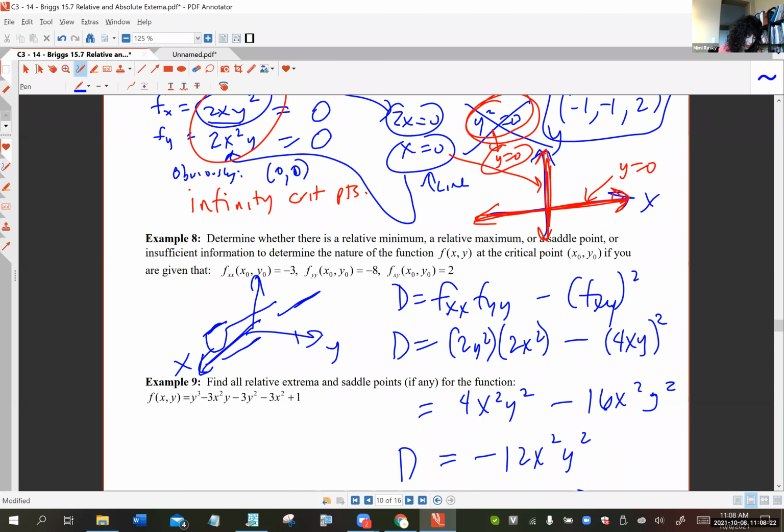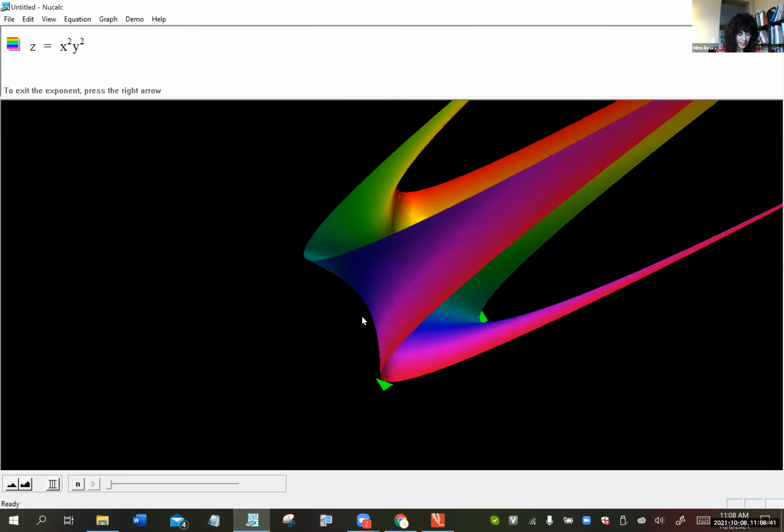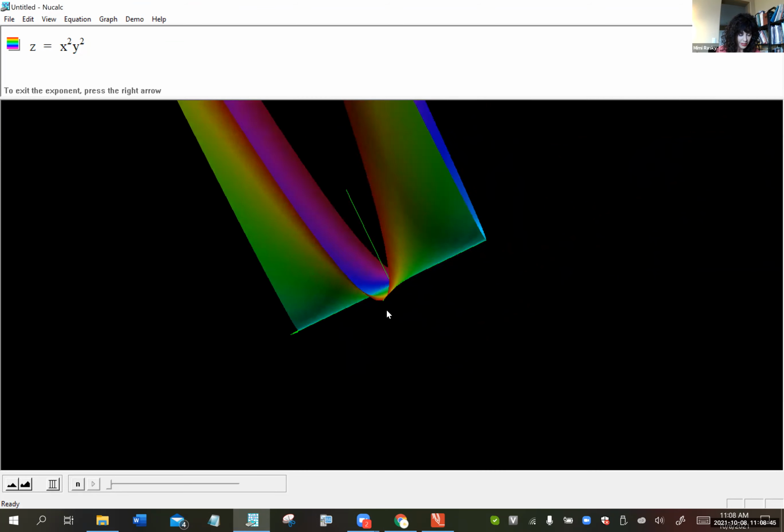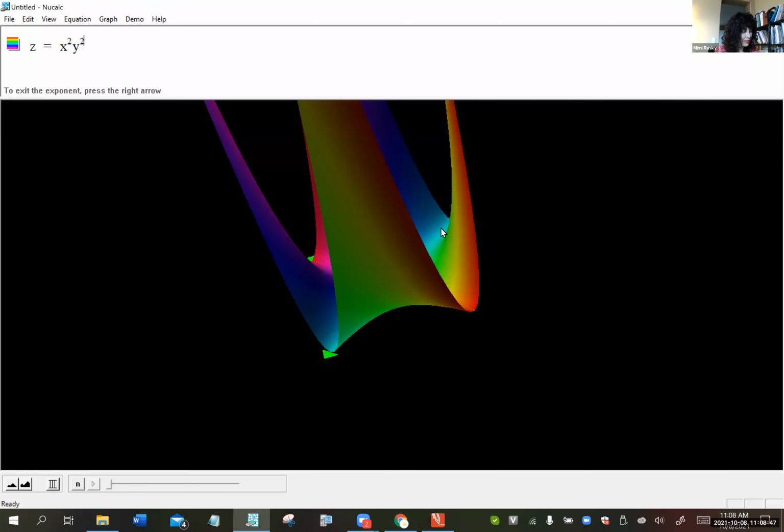And then the same thing along the y-axis. You guys know what I mean by rain gutters? Like that. So you've got infinity minimums along those rain gutters. And that's kind of what this surface is, if you can see what's going on there. You have those minimums all along the x and y axes. Kind of cool. Love that problem.